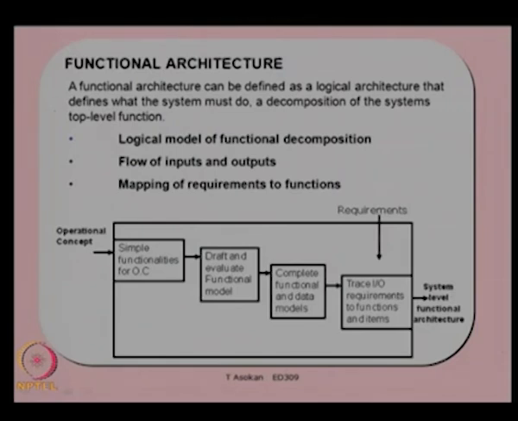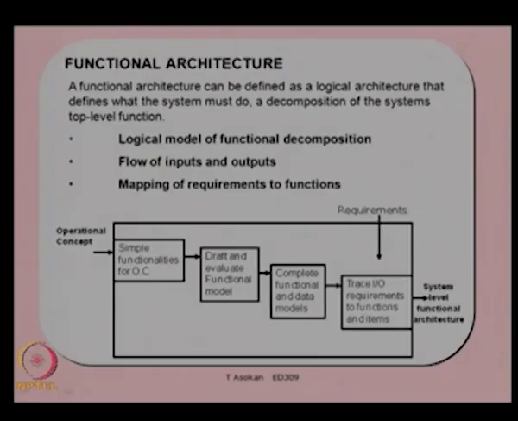These two inputs will give an output, and in order to provide that, we need to define the simple functionalities for the operational concept. The functionalities are basically the set of functions, and then draft and evaluate the functional model, complete the functional and data models, and then trace the input output requirements to functions and items. So, we are doing all these steps in order to get the functional architecture of the system.